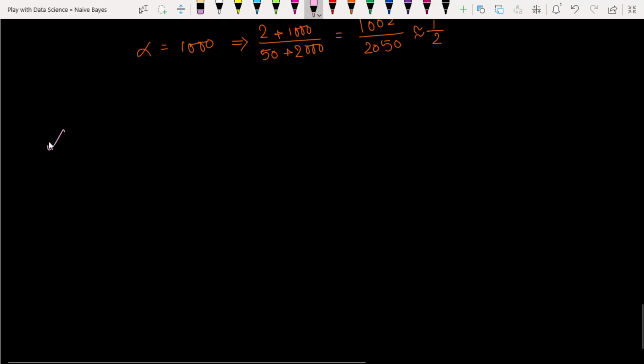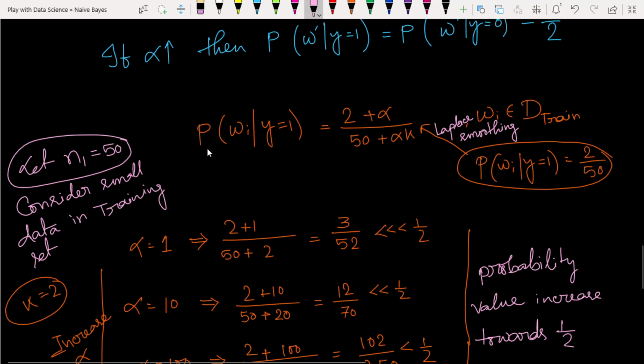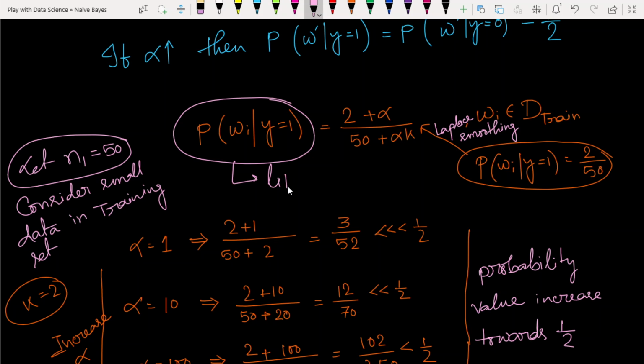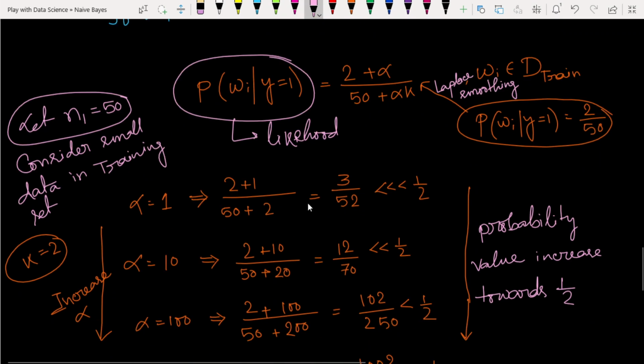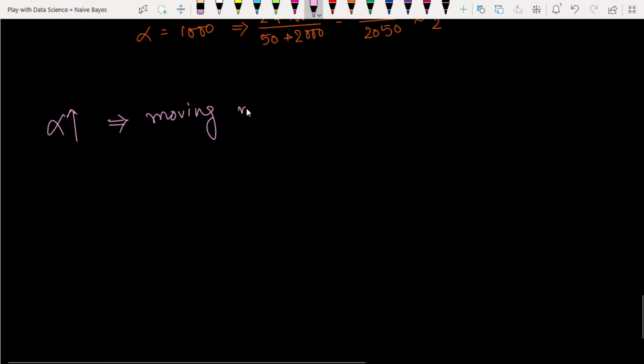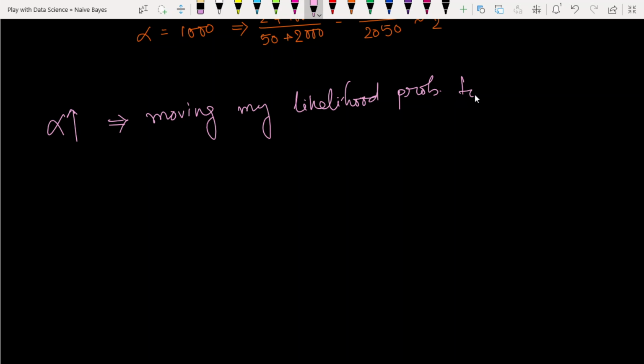If you write this in one sentence: by increasing the value of alpha, we are moving these likelihood probabilities to a uniform distribution.